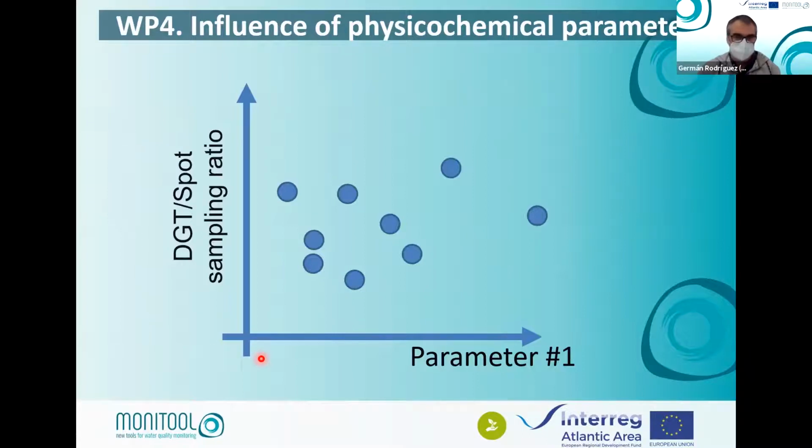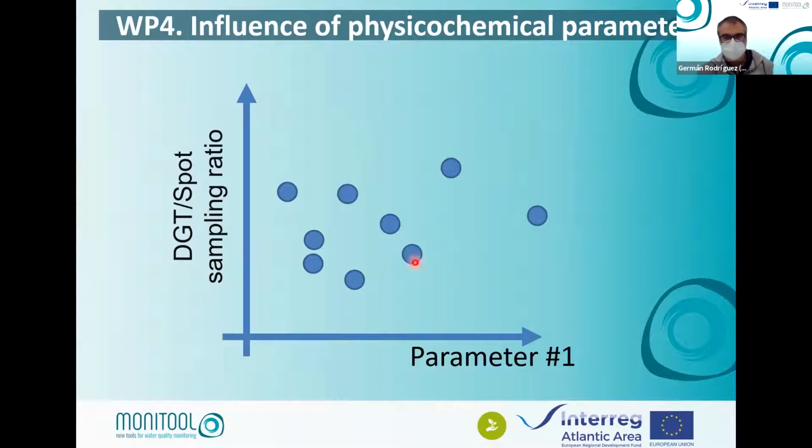The graphs will all be the same. On this axis, I will represent the parameter, for example temperature, and here we are going to put the DGT to spot sampling ratio, the mean concentration measured by DGT relative to the mean concentration of filtered water measured by spot sampling.